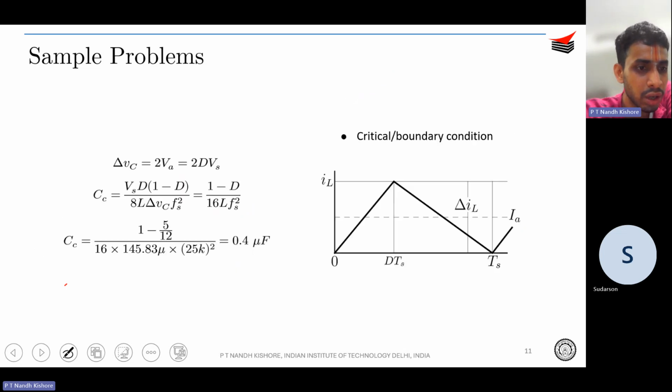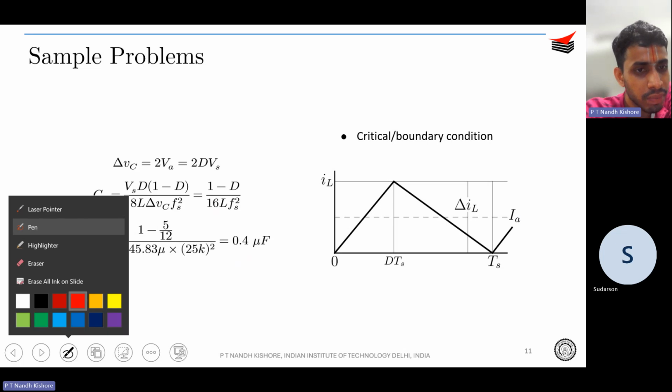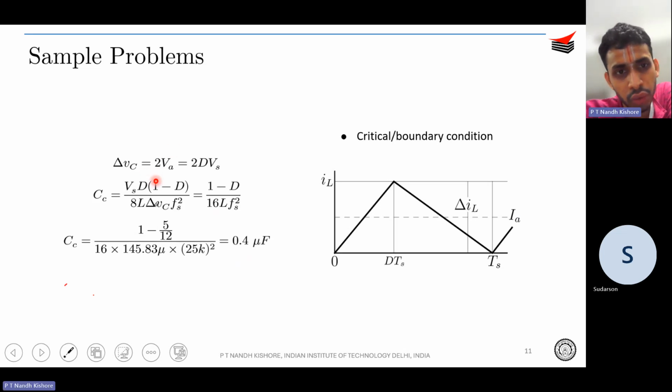So delta VC is 2 times VA, which is 2 times D into VS. Then you carry out the conventional method, wherein you substitute the known parameters and the value of delta VC. Then you will end up with the value of CC, and over here it turns out to be 0.4 microfarads.